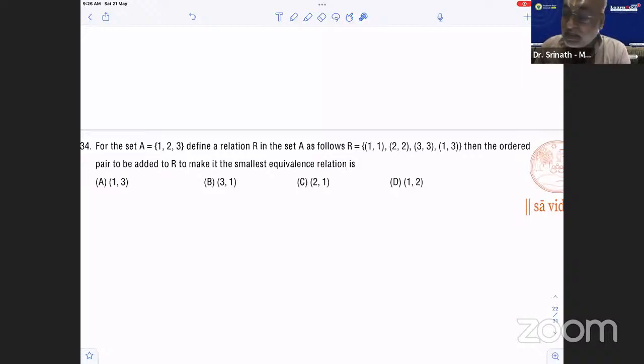So therefore, this entire set becomes symmetric. Since (1, 3) is there and (3, 1) is not there, it can't be symmetric. So therefore, I have to add (3, 1). If I add (3, 1), then it becomes reflexive, symmetric, and also transitive. So the answer is this second option.